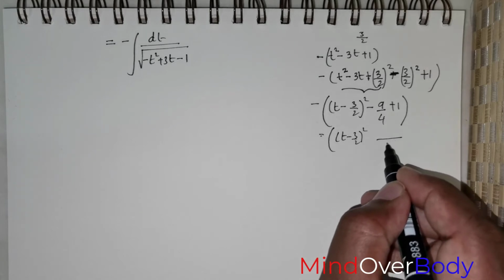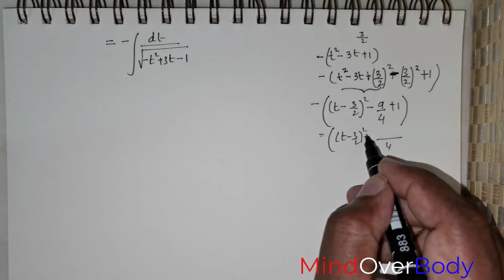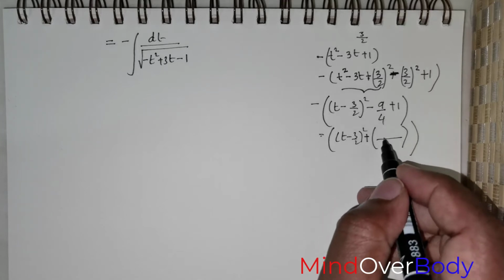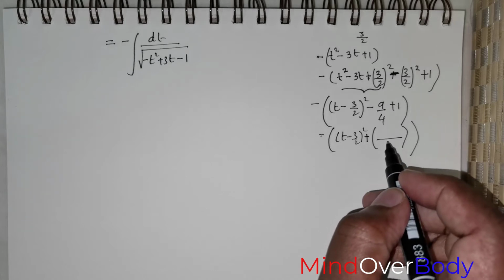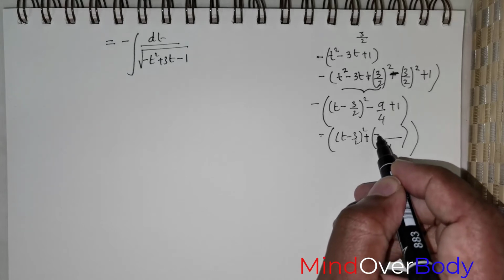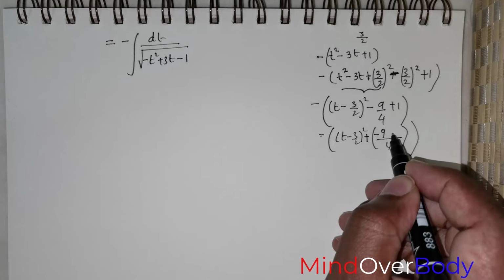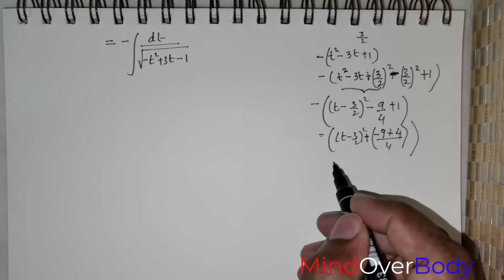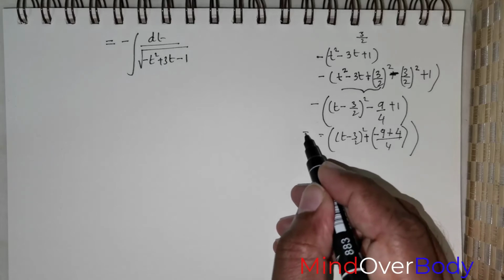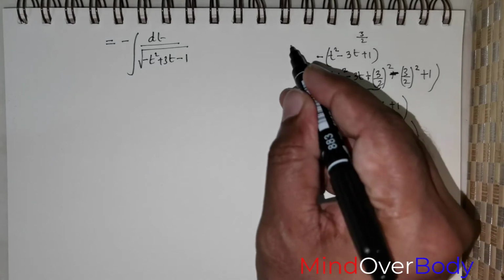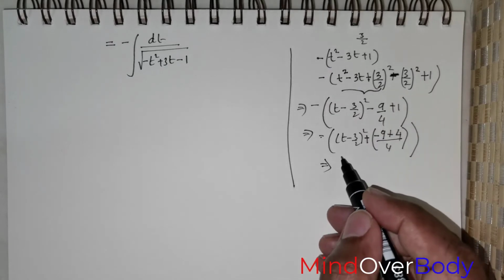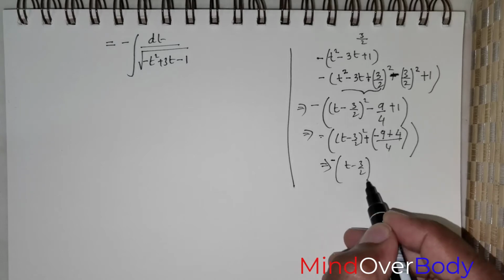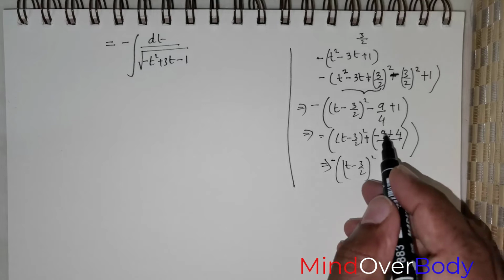If I were to take the LCM here, let me place a positive sign and write these two quantities separately. So this would produce me a negative 9 and this would produce me a positive 4. So this is equal to, or maybe I will use the implies sign, negative (t − 3/2) raised to the power of 2.